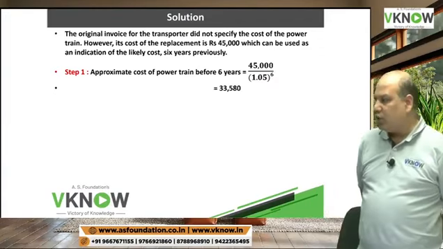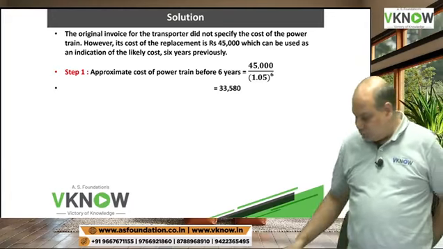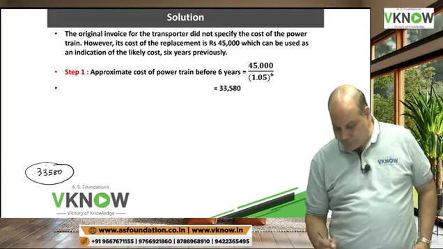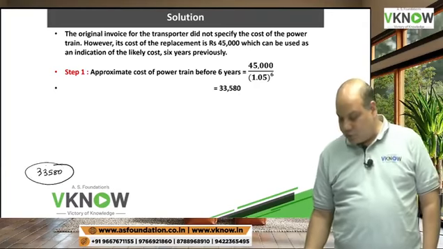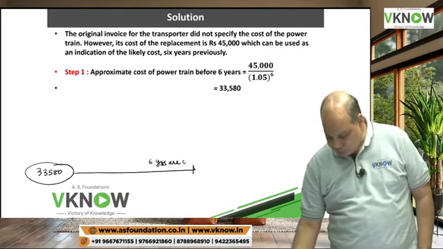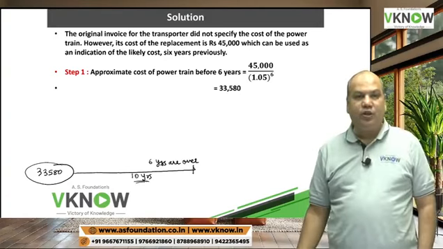So as you rightly suggested, 33,580. So 33,580 would have been the cost of this power train. 6 years are over and the originally estimated useful life was 10 years.